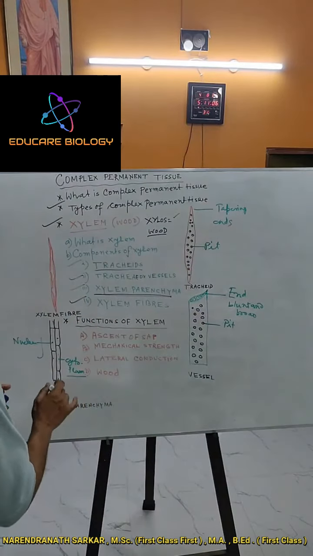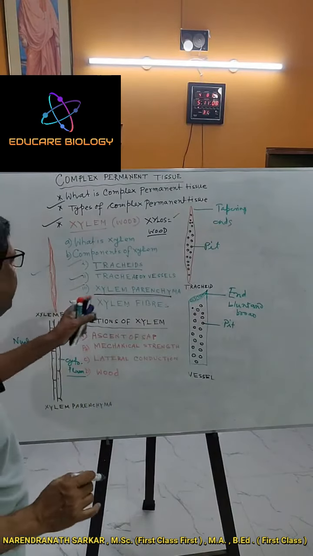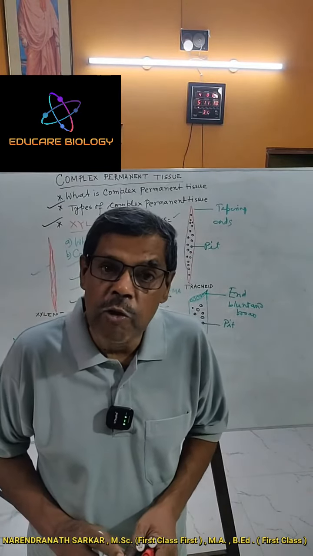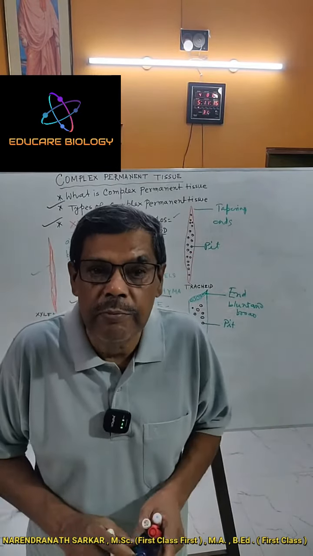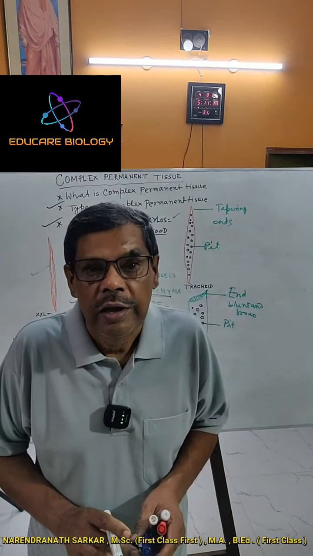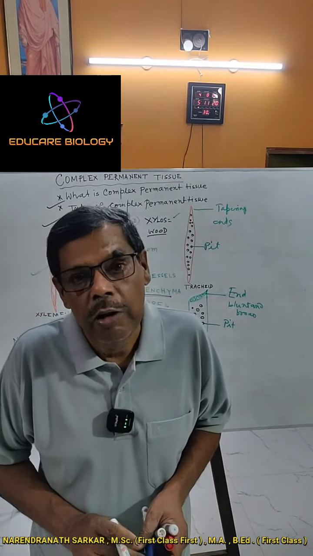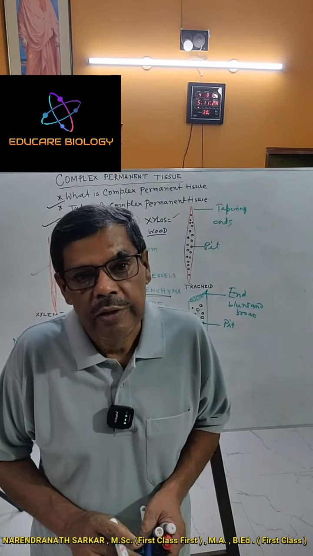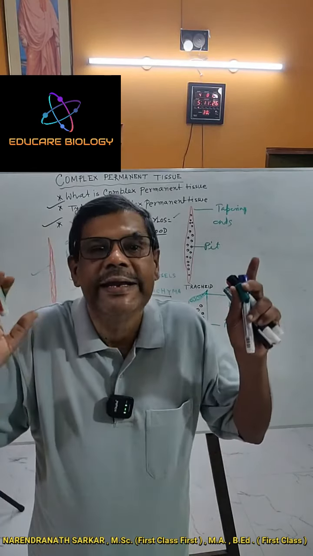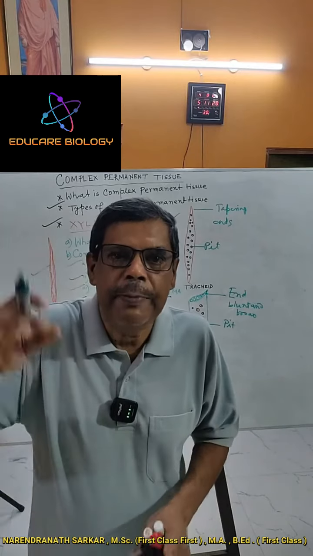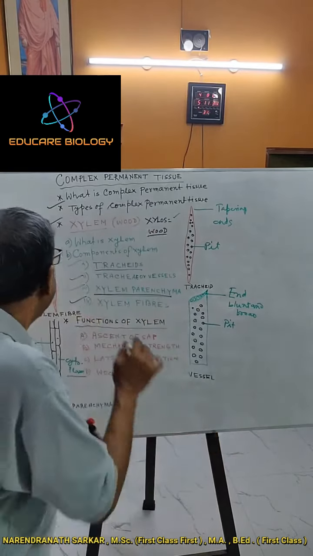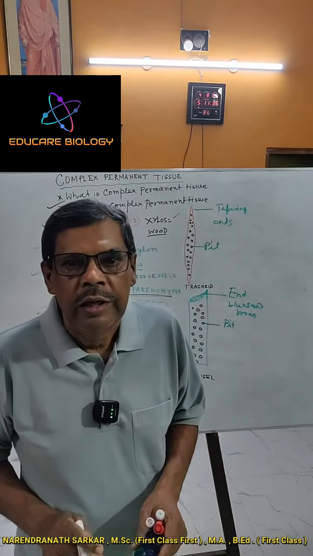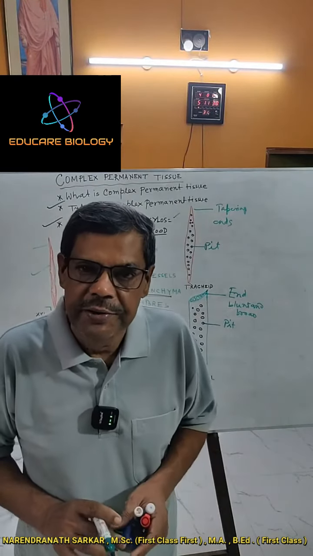Next, xylem fiber or sclerenchyma fiber. The sclerenchyma fiber which is associated with the xylem is called xylem fiber. These fibers are elongated cells which are tapering at the ends. Their cell walls are lignified.